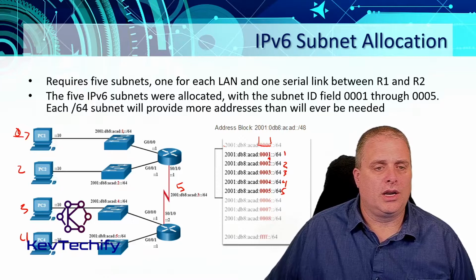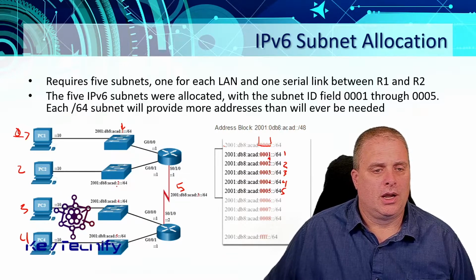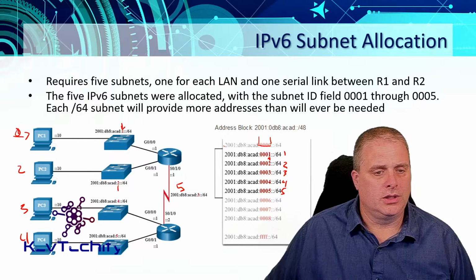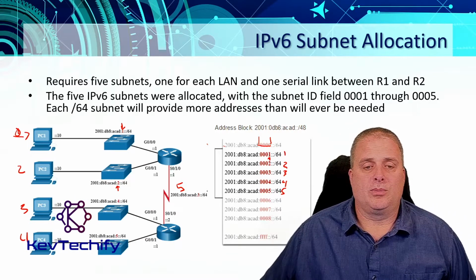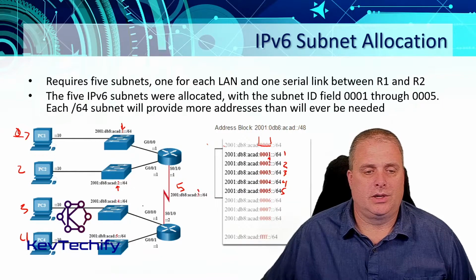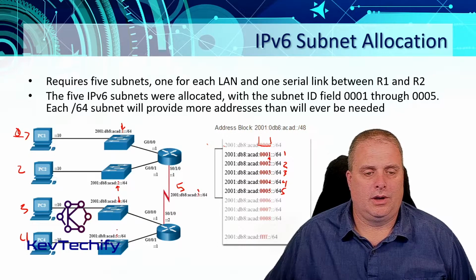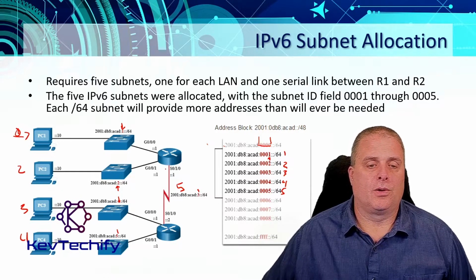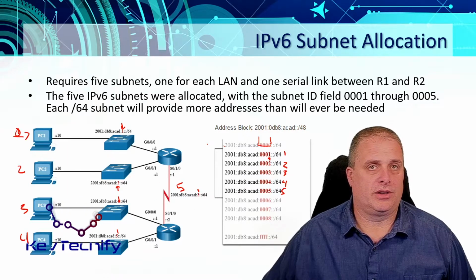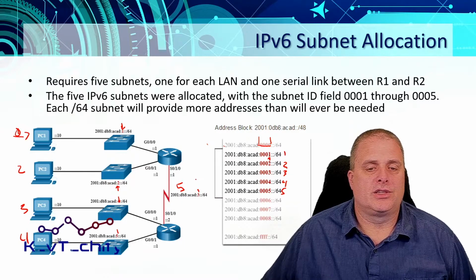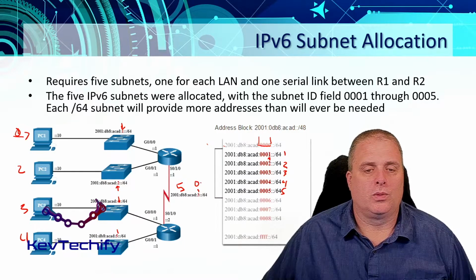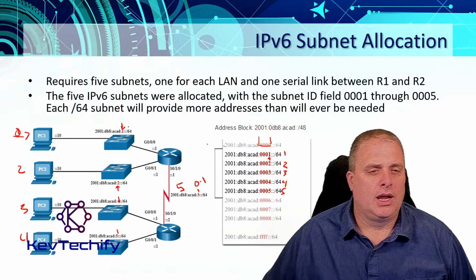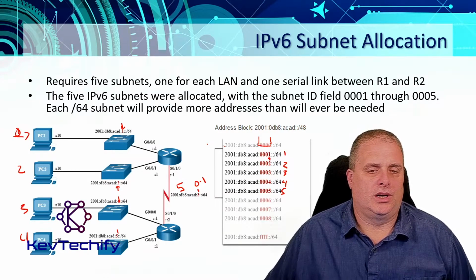The first network here has a 1 right here in our subnet portion. Here for 2, then the example goes over here and shows us 3, 4, and 5. Personally, for this network that goes between our devices, I would either give this to subnetwork 0 or subnetwork 1, have that be the first one, and then start calling these out over here.